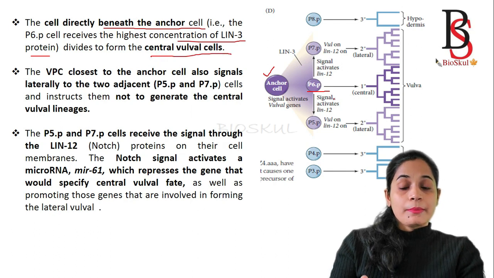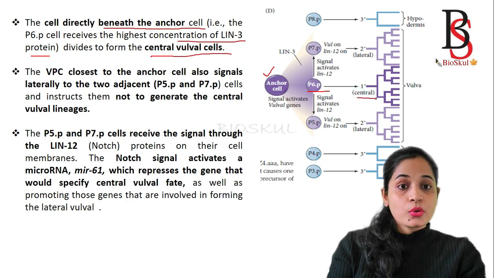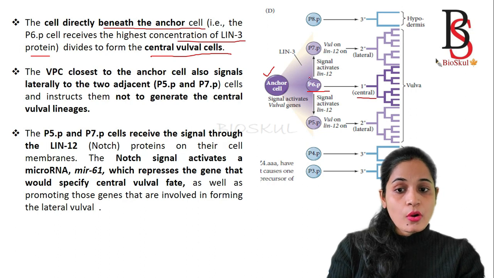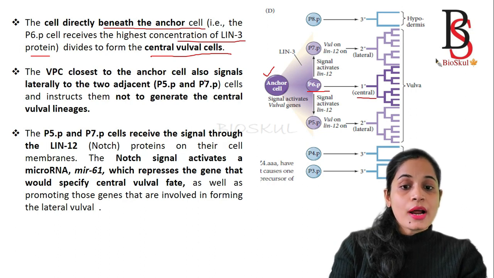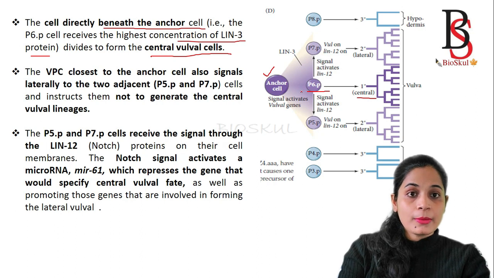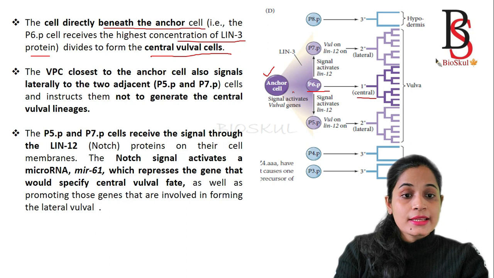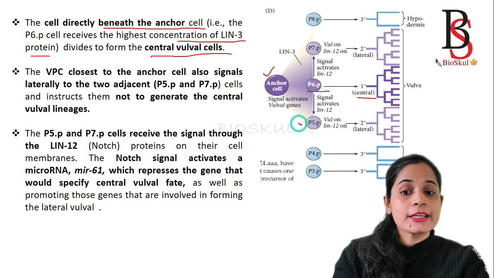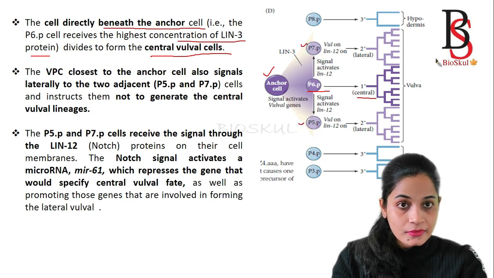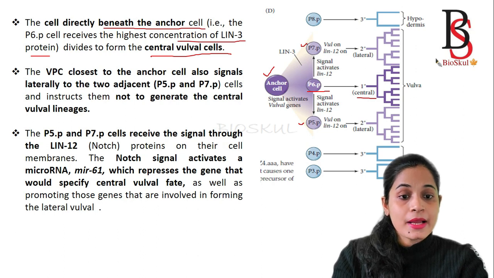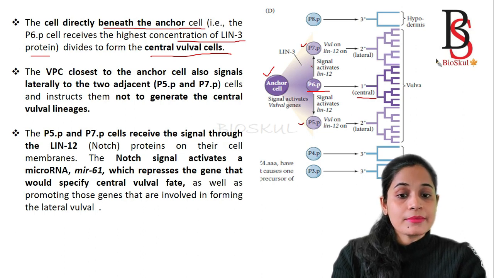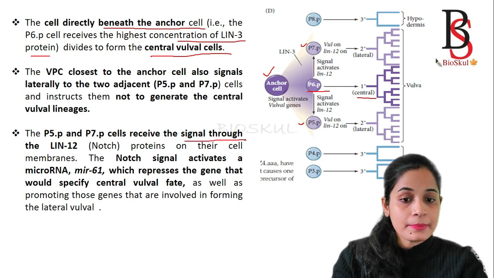Okay, the vulval precursor cell which is closest to the anchor cell also signals to the adjacent cells. Here, the vulval precursor cell close to the anchor cell is the P6 cell. It signals the neighboring cells, that is the P5 cell and the P7 cell, not to generate the central vulval cell. The P5 and P7 cells receive the signal through the lin-12 receptor on their cell membrane.